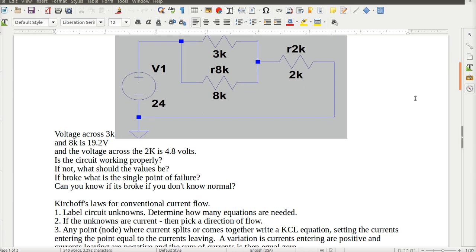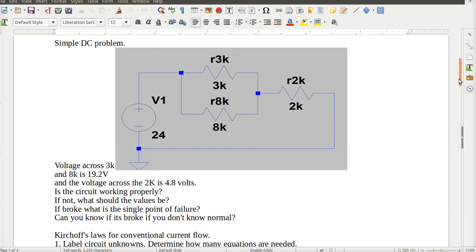Well, you have to be able to analyze the circuit to know, don't you? That's the skill we want to teach and get people to understand. If the circuit is not working properly, what should the values be? If the circuit is properly built, properly wired, and there's no fault in it, what should the values be? I have to know those values to know whether the values I gave you are correct.